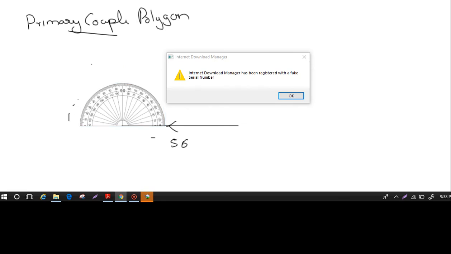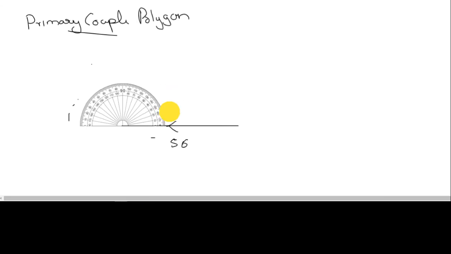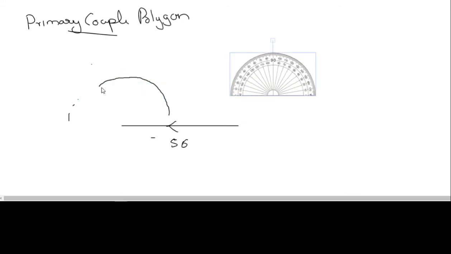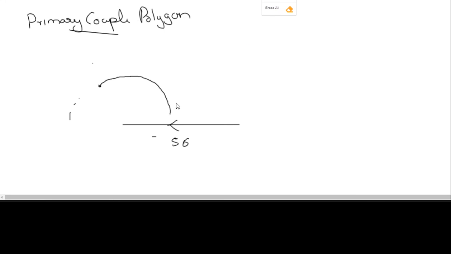Sorry, since it is negative we should take the angle from here. So 120 will be around here. So this will be 120. Since it is a negative couple, we should take the inside angle.